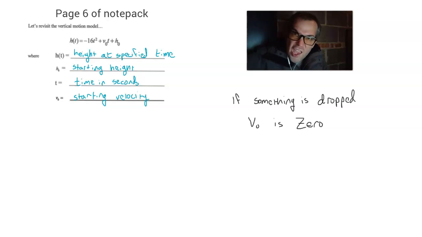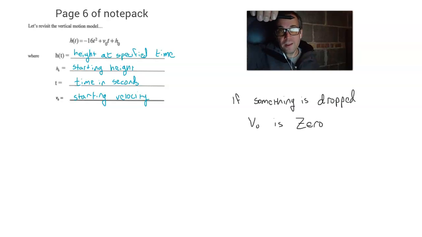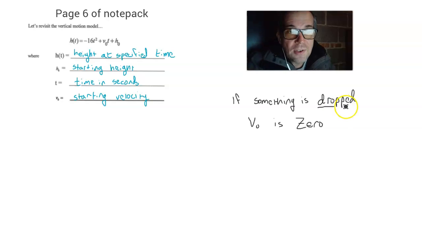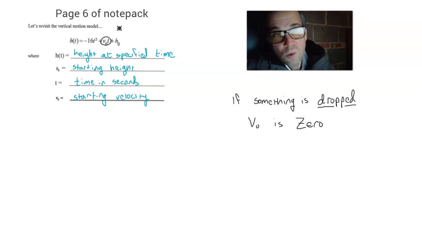I'm not chucking it on the ground or throwing it up in the air. I'm simply holding it, and then I release it. So be on the lookout for the word dropped. When the word dropped is in your problem, this part of the equation goes away, because v sub 0, the initial velocity, is 0, and 0 times anything is 0. So it just disappears.